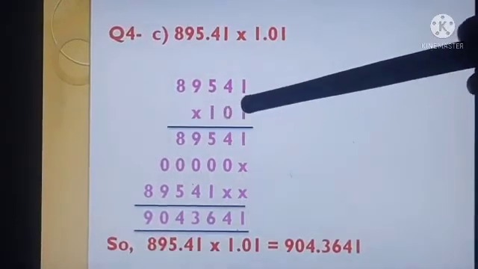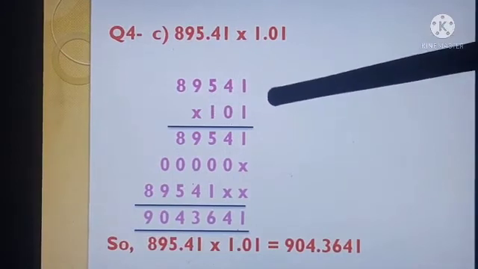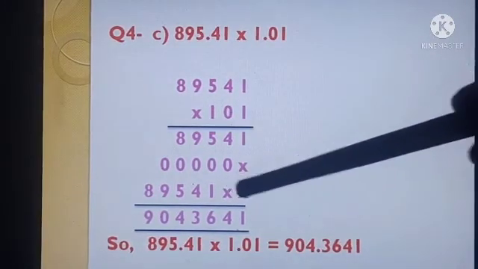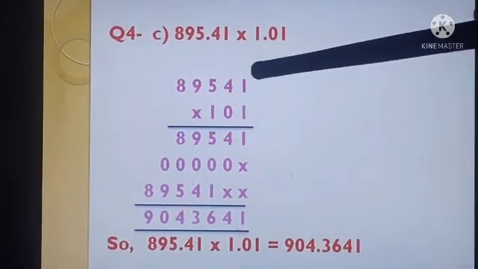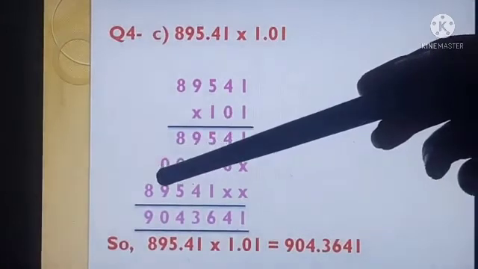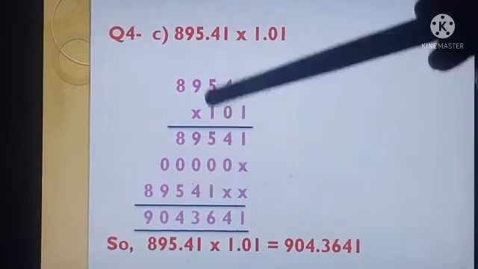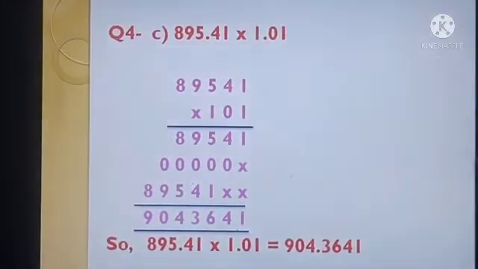Now ones, tens, 100. At the 100 place there is 1. We will multiply 1 with this given number. But before that we will put 2 cross signs. Now 1 multiplied by 89,541 will give you 89,541. 1 1s are 1, 1 4s are 4, 1 5s are 5, 1 9s are 9, 1 8s are 8.